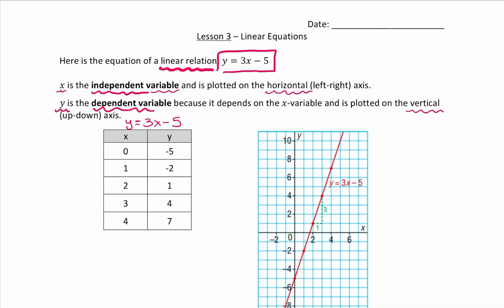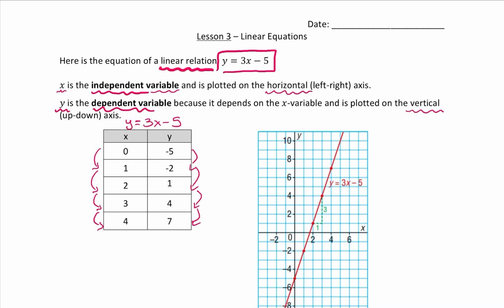All right, so let's take a quick look at what we usually do when we see a table of values. We look at what's happening to the x values and what's happening to the y values. We want to confirm that this is linear. Remember that in lesson 2, we said if something is linear, it has to have a constant pattern in the x and a constant pattern in the y.